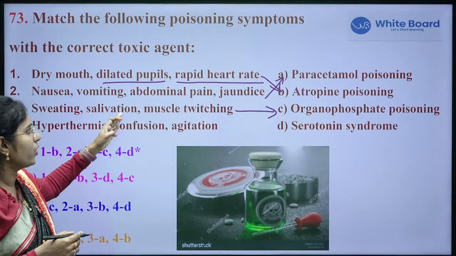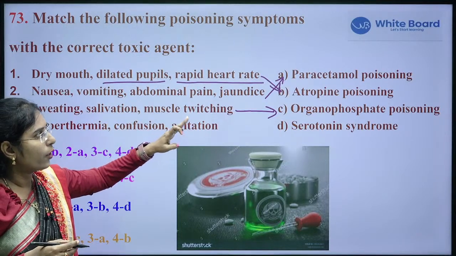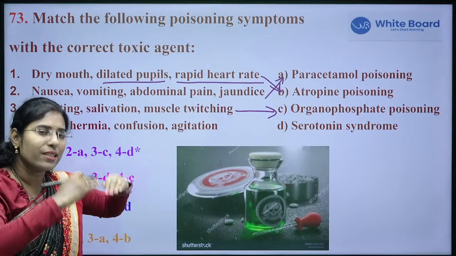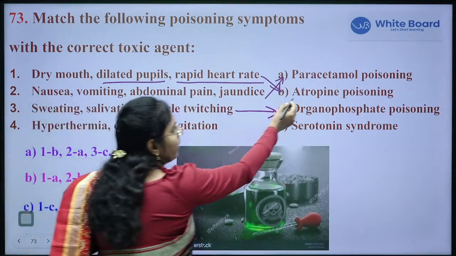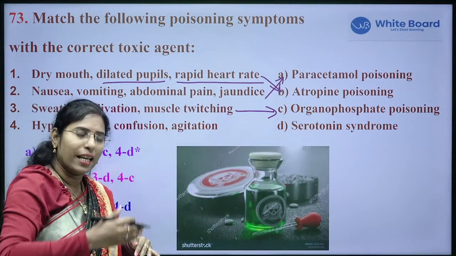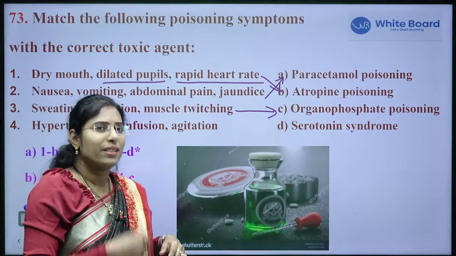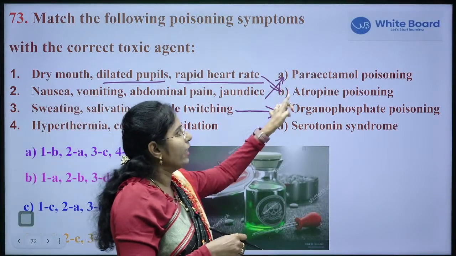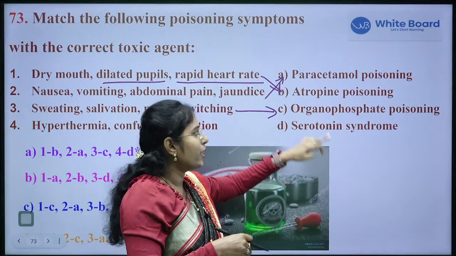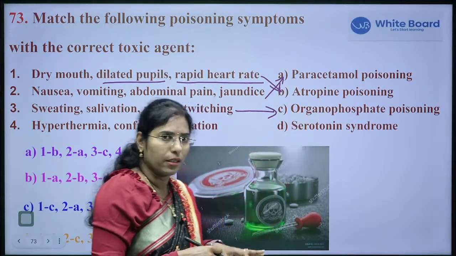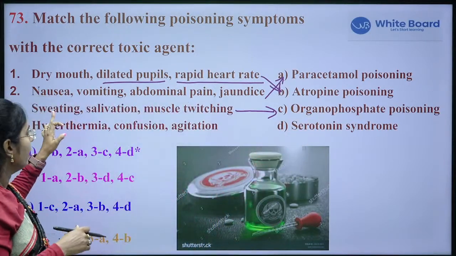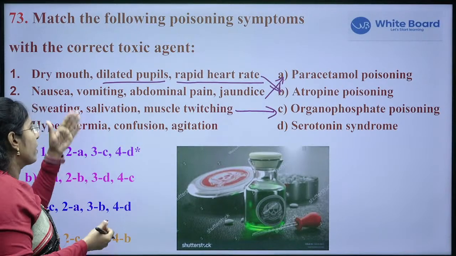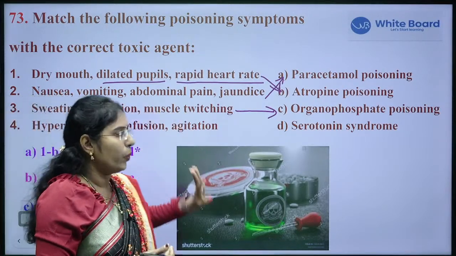See, generally what will atropine do? Atropine will decrease the secretions. It will reduce the saliva and at the same time bronchial secretion. So that's why we use atropine as an antidote for organophosphate poisoning. In case of organophosphate poisoning, there will be a lot of sweating, salivation and muscle twitching.